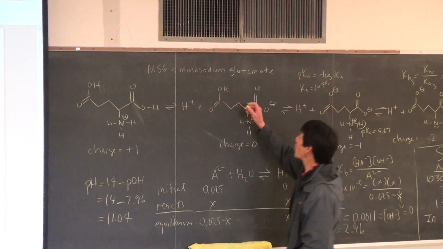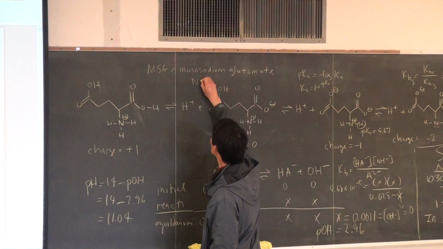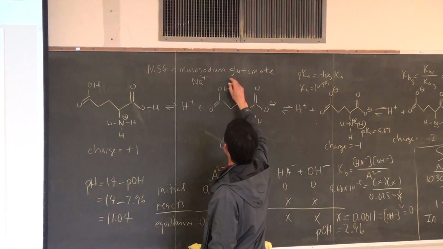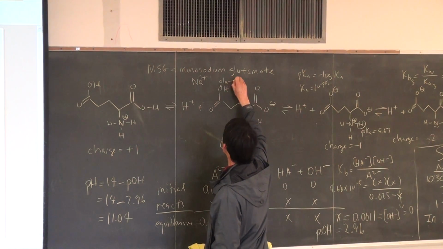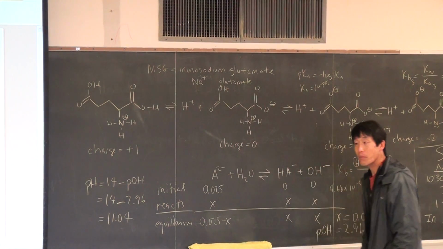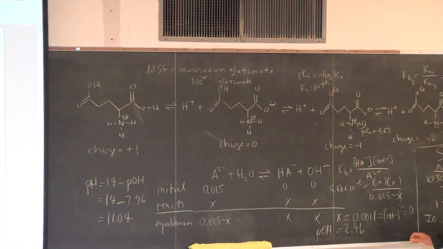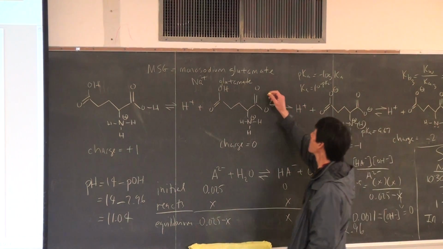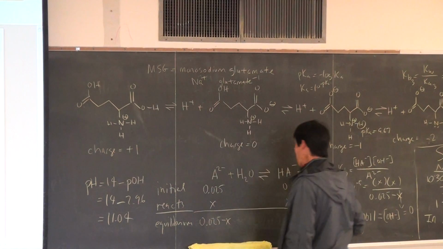If sodium has a +1 charge, in this case the glutamate has a charge of -1. And how do you know it's -1? Because the sodium has a +1. Yeah.